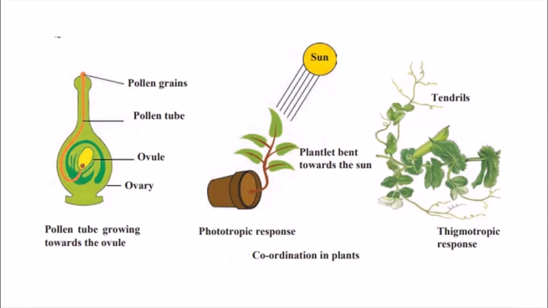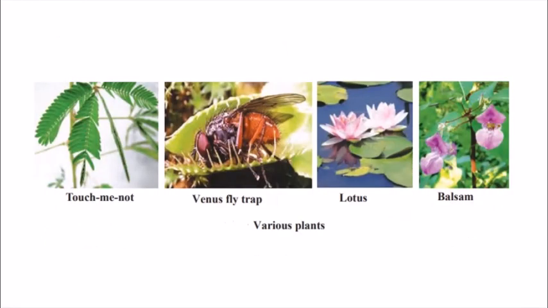All the above mentioned movements, phototropic, gravitropic, hydrotropic and chemotropic, are growth relevant movements where growth is happening. Now in some plants, electrochemical impulses are used to transfer information from one place to another.